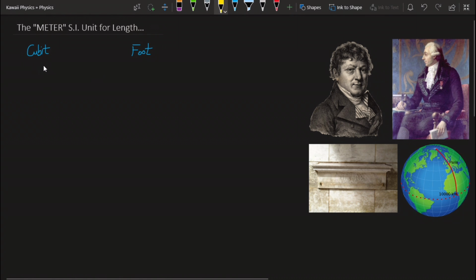It was used by the ancient Egyptians and also by the ancient Indians.